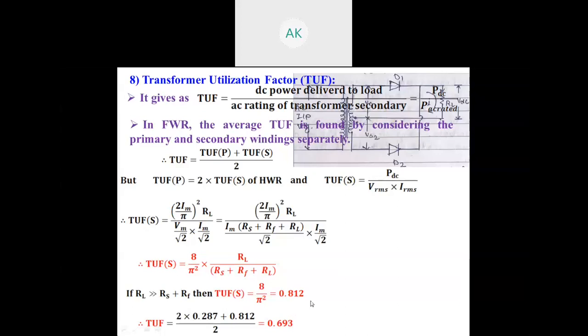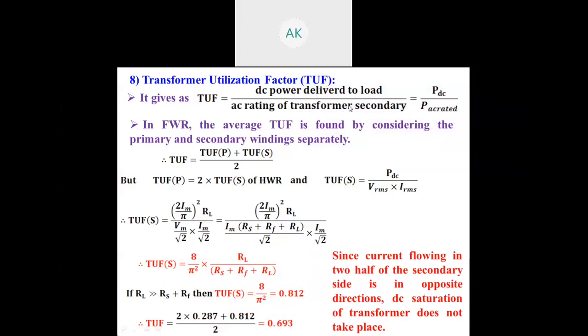So again, the transformer is a better selection for a full wave rectifier. Since the current flowing through the two halves of the secondary side is in the opposite direction, DC saturation of the transformer does not take place in this case.